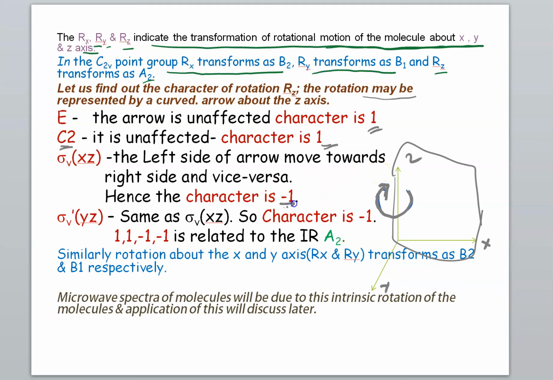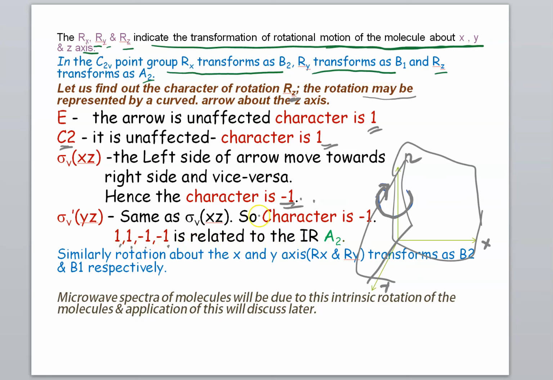Therefore, the character is -1. And sigma v dash yz is the same as sigma v xz. Cutting through a plane like this, the arrow is inverted, therefore the character is -1. That means the characters for Rz are 1, 1, -1, -1.